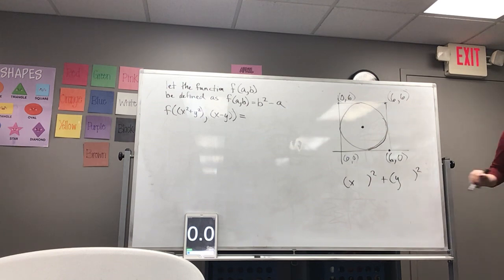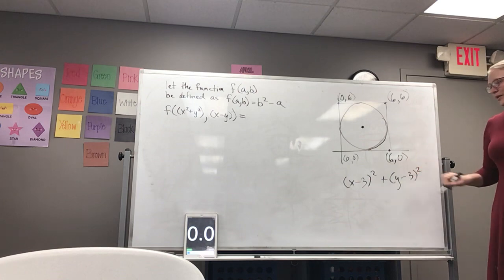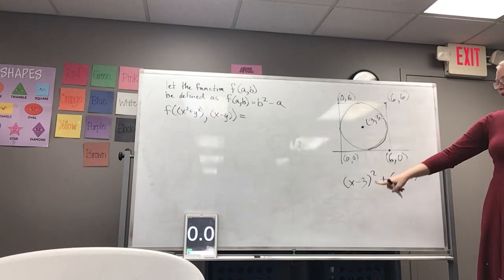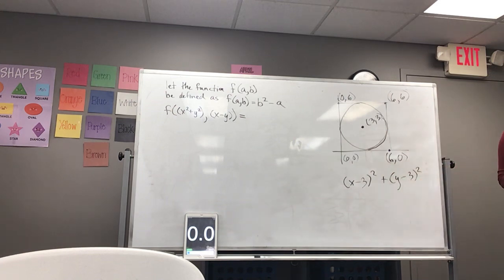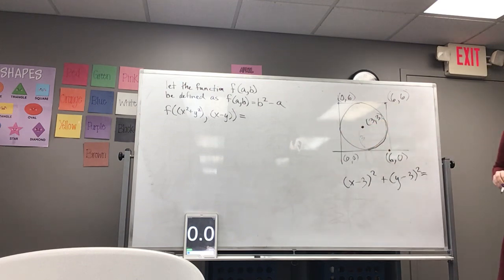Oh, x minus 3. Yeah. Because it's the opposite of the sign of our center. And so if this is positive 3, we have minus 3 and minus 3 in our equation. And then finally, what was the radius of our circle? 3. More threes. Threes all over the place.